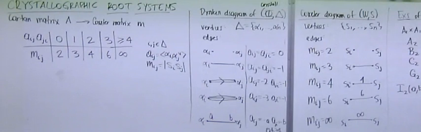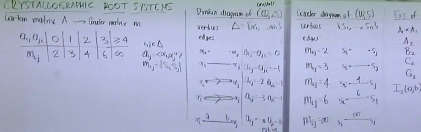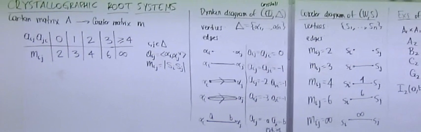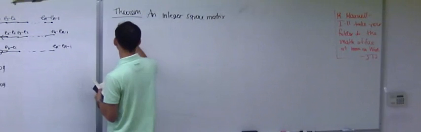So here's the theorem. If I give you a diagram like this, does it come from a crystallographic root system? Or equivalently, if I give you an integer square matrix, is it a Cartan matrix?